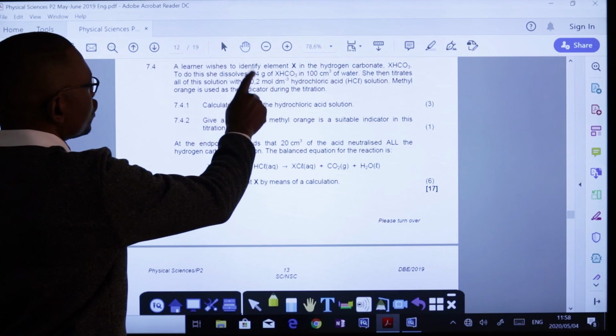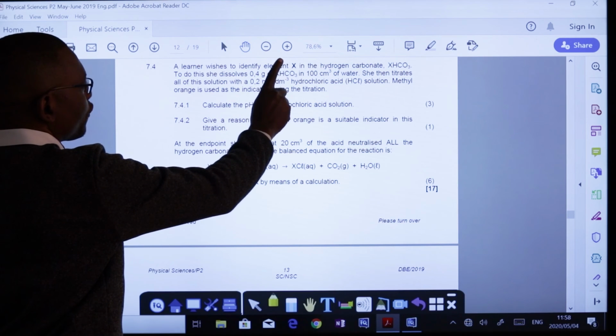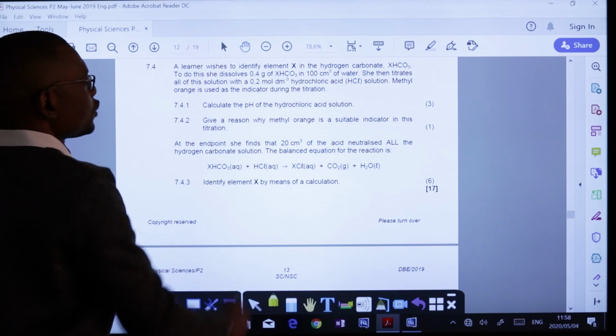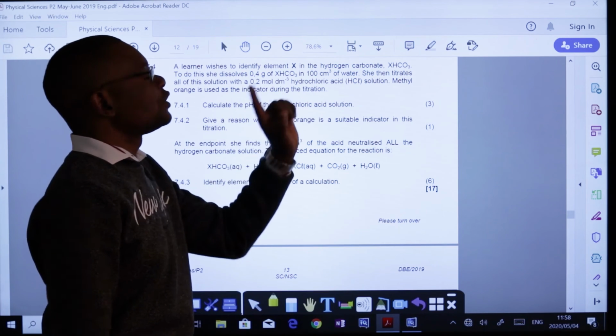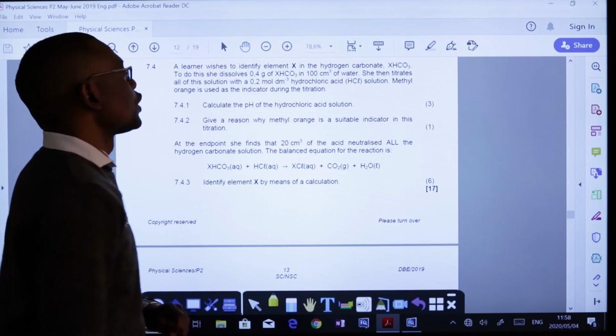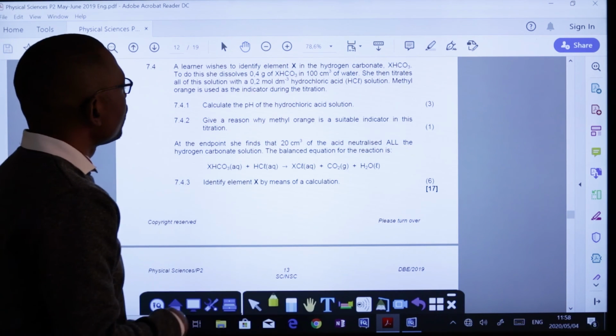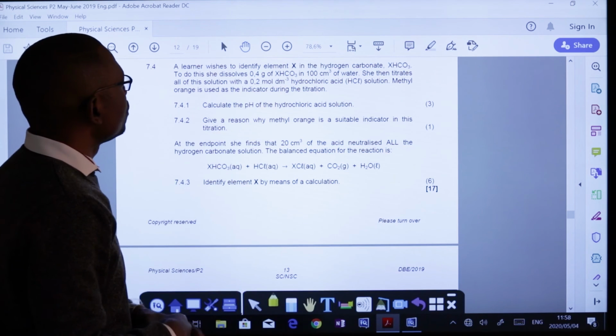If you've got 0.4 grams of XHCO3 in 100 cubic centimeters, you need to change this into a concentration.